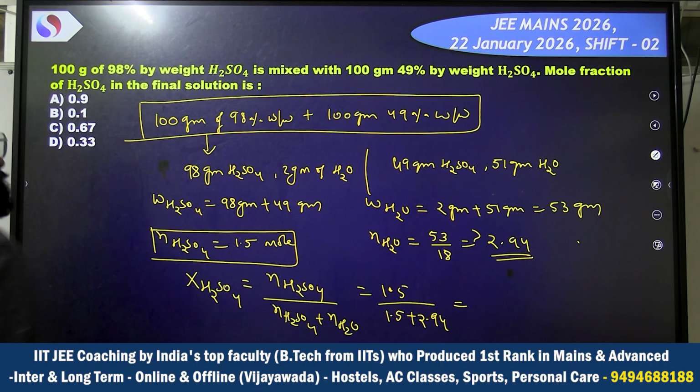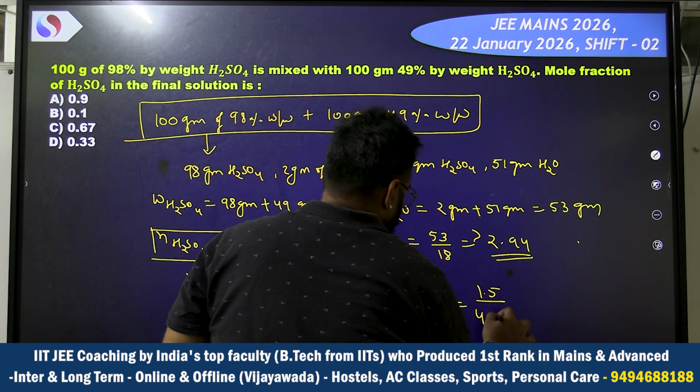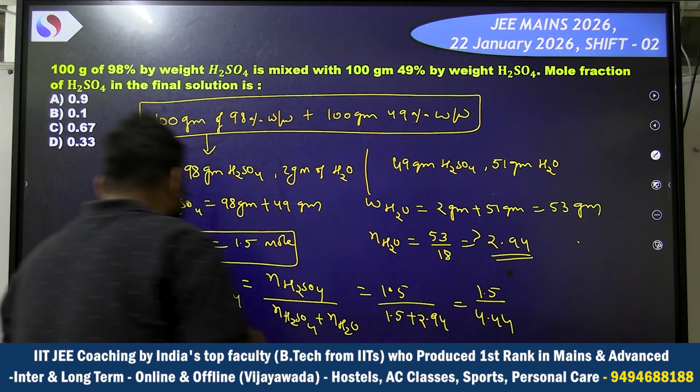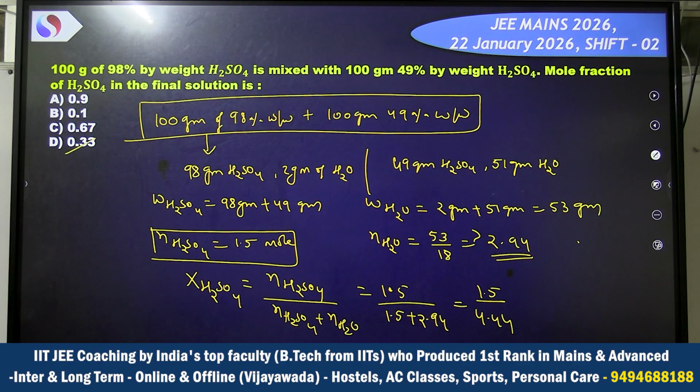So 2.94 plus 1.5 is 4.44, so 1.5 divided by 4.44. So it is 0.33. Correct? So for this question, the answer is 0.33.